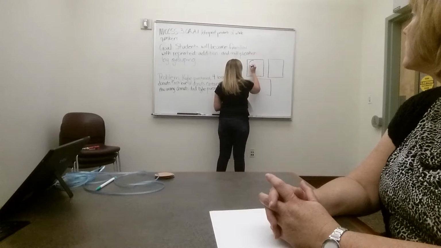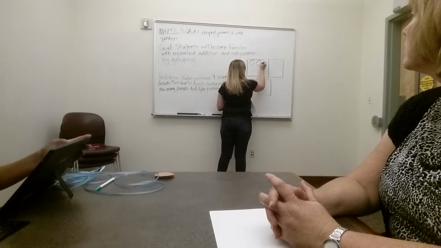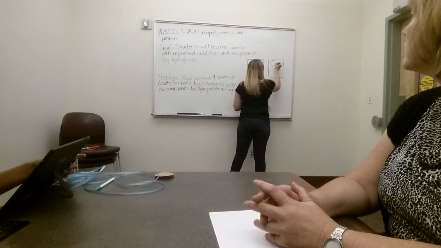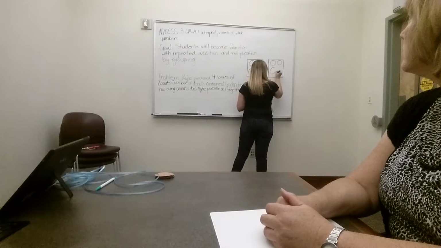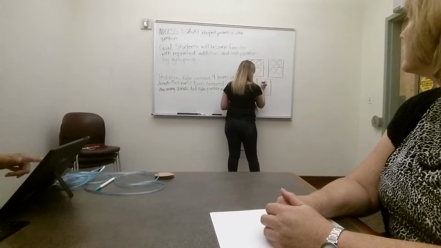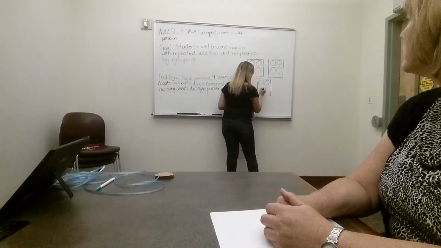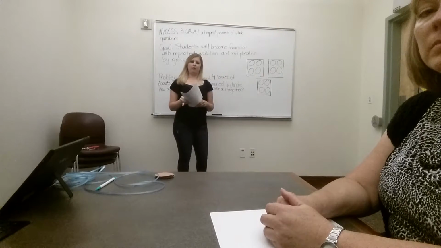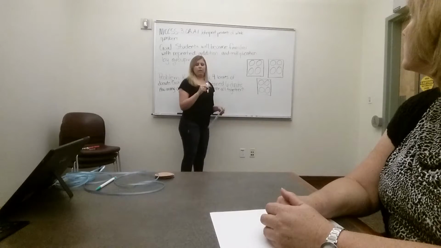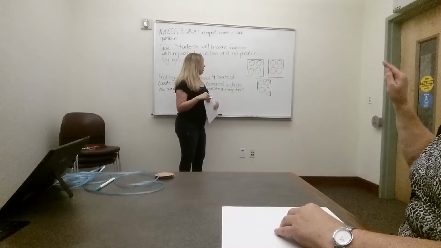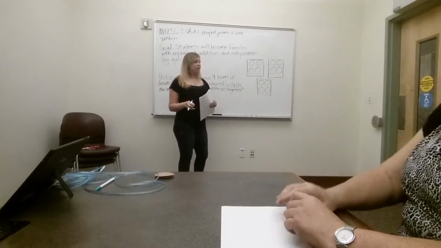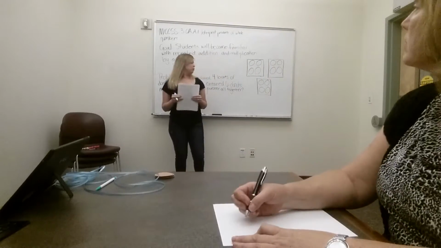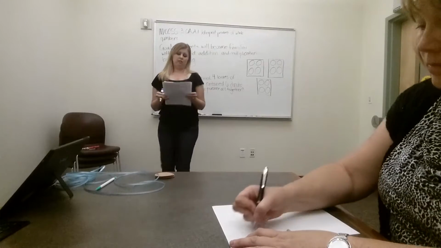So I'm going to draw 4 donuts in each of my boxes. 1, 2, 3, 4. 1, 2, 3, 4. 1, 2, 3, 4. Okay, we are trying to find the total number of donuts. So, can you tell me how many donuts are there altogether? 12. Good job. Okay, so on your piece of paper, I want you to draw 4 boxes.